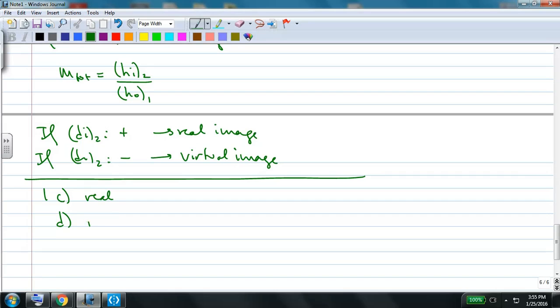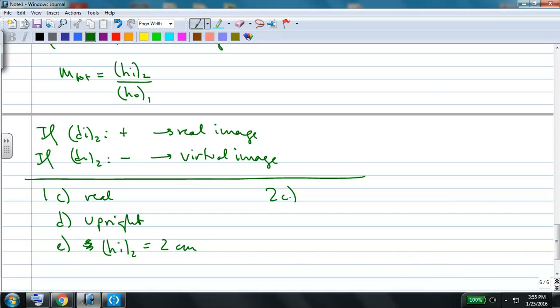Oh shoot, I'm doing the wrong problem. Undo. Sorry. Lost track of my notes. Okay, 1C is still real. 1D is upright. It actually flipped twice. And the idea, because they gave you the actual height, is HI2 is 2 centimeters. Remember that magnification was 1.